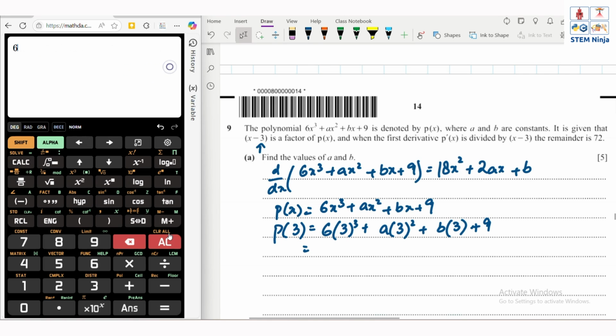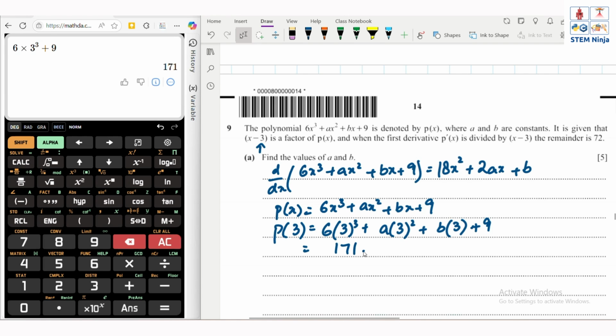So 6 times 3 cubed plus 9, that is 171, plus 9a plus 3b equals 0. So 9a plus 3b equals minus 171. So that's equation number 1.